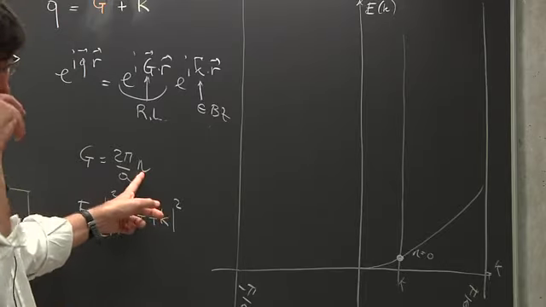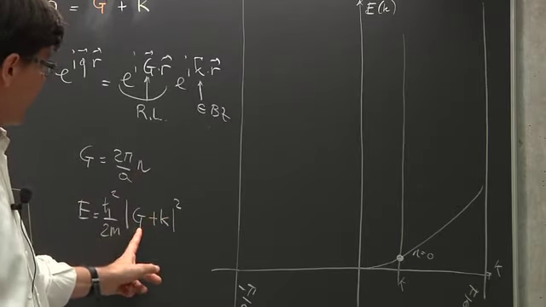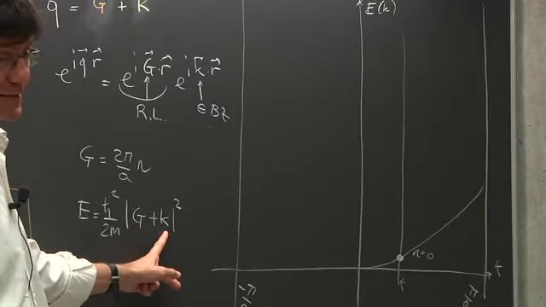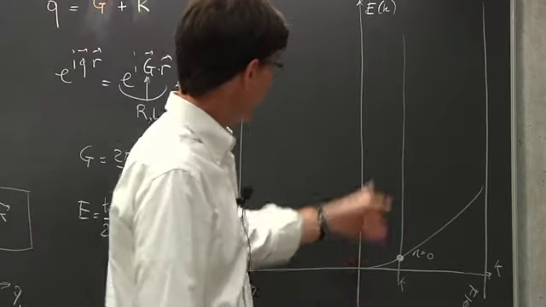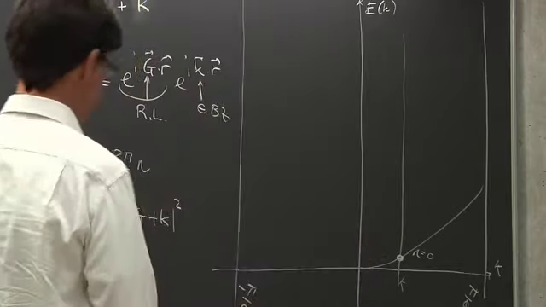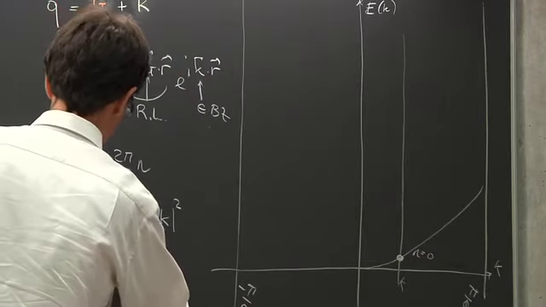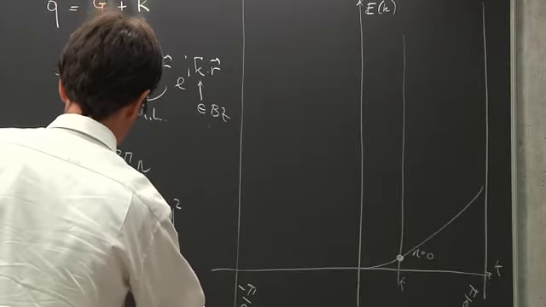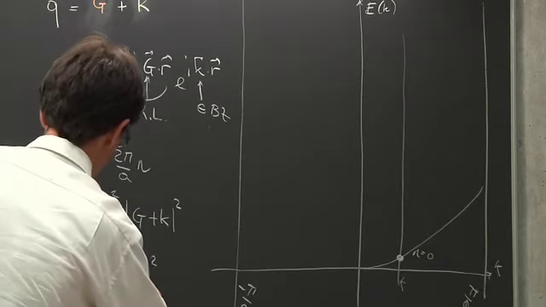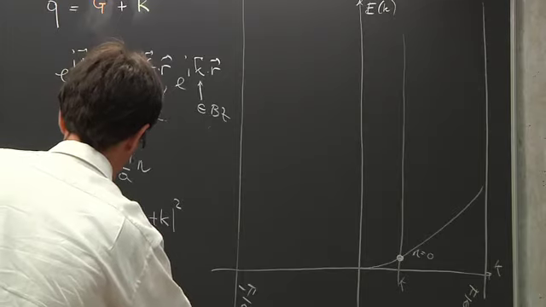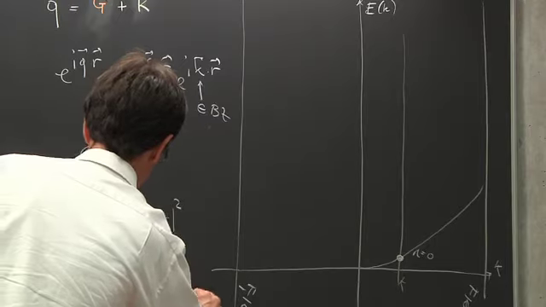n equals plus 1. n equals plus 1 here becomes (2π/a + k)². If I have to draw it here, so n equals 0, energy is equal to ħ²/2m k². n equals 1, the energy is equal to ħ²/2m (2π/a + k)², right?